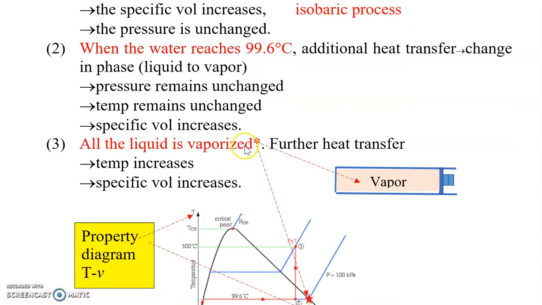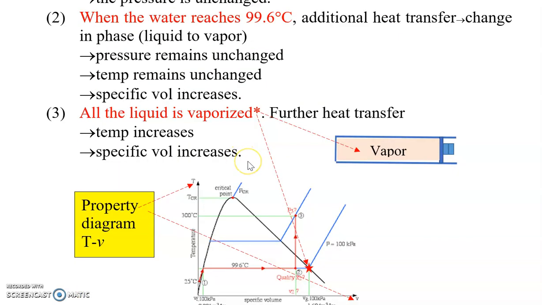Okay. We look at the property diagram TV here. You have your water here at 25 degrees C. As you heat it up, and the piston is free to move outward, and finally at 99.6 degrees C or about 100, some of the liquid starts to vaporize.